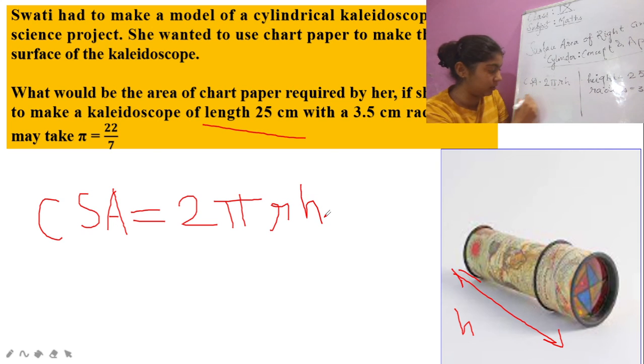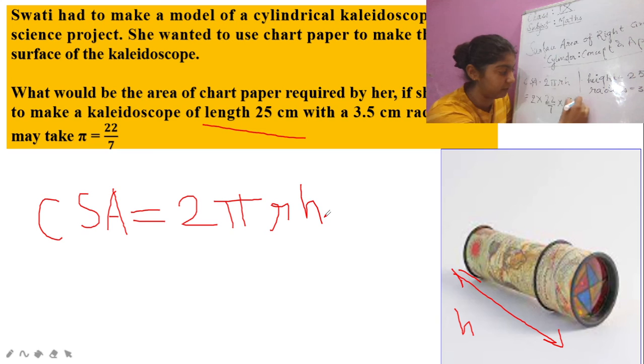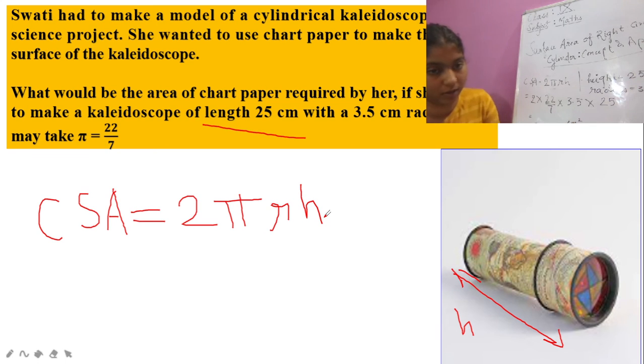So calculate 2 into pi value 22/7 and radius 3.5 and height 25. Calculate, the answer is in centimeter square, right? So if you calculate the answer, that much area of chart paper she is required to cover the model for the science project she prepared.